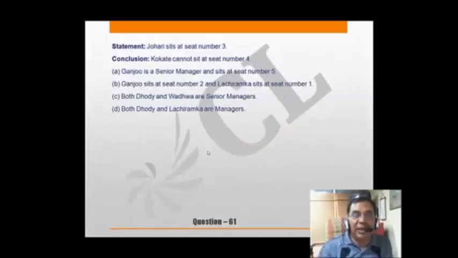Then again I'll make the diagram. 4, 5, 6. So immediately we get that Johari, who sits at the 4th, is a manager. Johari sits at number 3. And first, Ganju is a senior manager and sits at number 5.